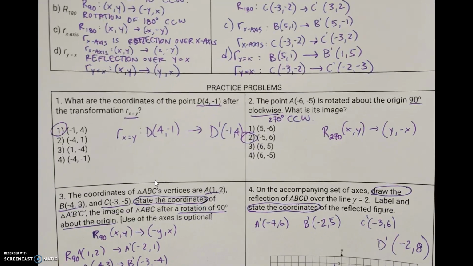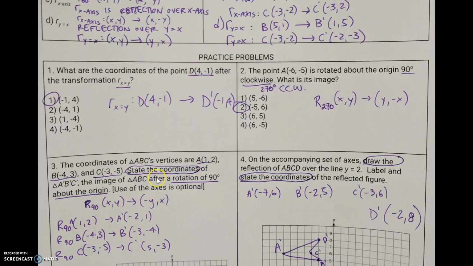In the practice problems, the first question asks you to do a transformation over the line x equals y. Well, you know x equals y is the same as y equals x. They're exactly equal. They're equivalent equations. So what we had to do was take (4, -1) and change the order of the 2 values, the coordinates.